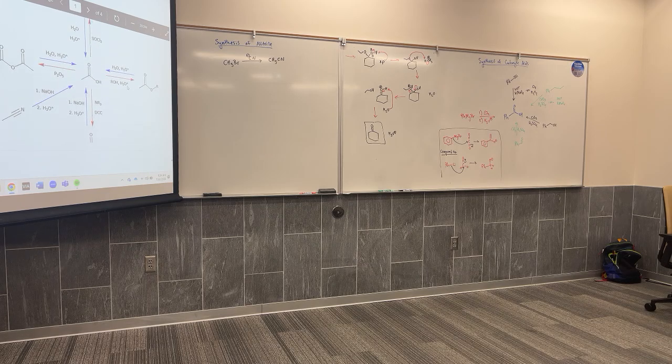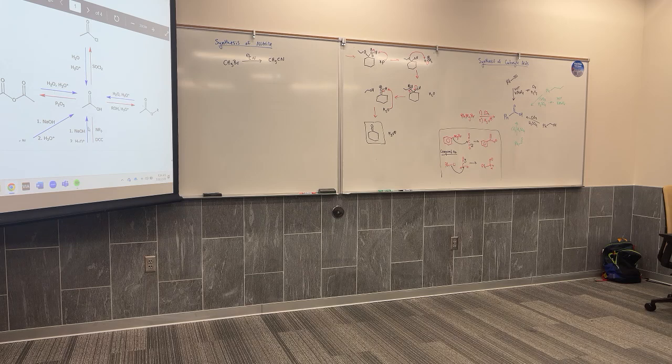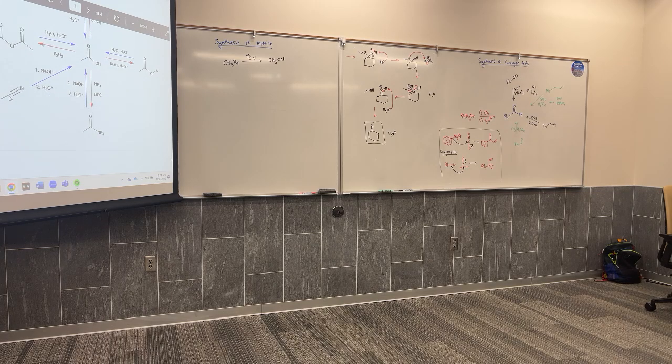Then in red, we've got these reactions that take us from the carboxylic acid to each of the derivatives, except for the nitrile. A carboxylic acid cannot directly be converted into a nitrile, but I am going to show us a way that we can indirectly convert that.